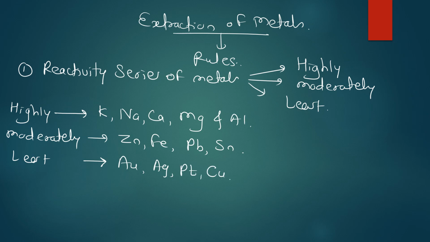Okay, so those at the top of this series, that is the highly reactive elements, are not found in nature in the free state. But those in the middle of the activity series, which are moderately reactive, are found in the earth crust mainly as oxides, sulfides or carbonates.